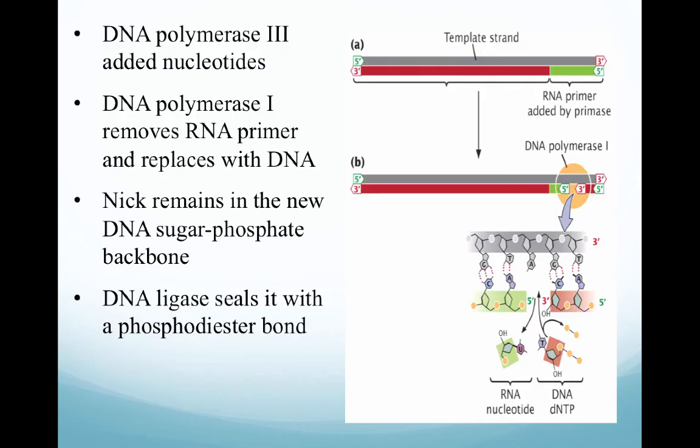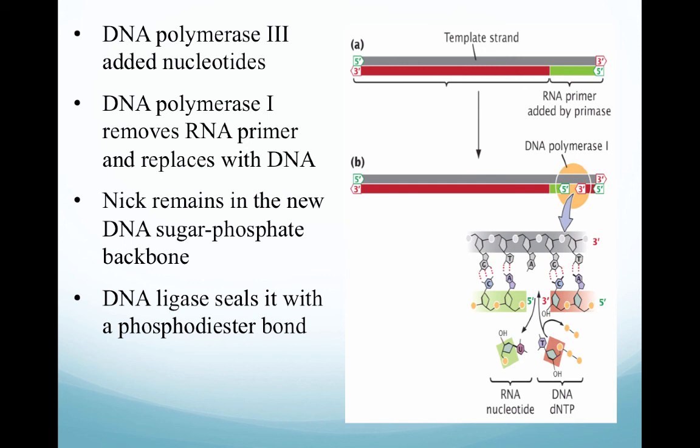So I want to talk just a little more in depth about this polymerase family. In linear eukaryotic systems, DNA polymerase 3 is actually going to be the enzyme that is going to add nucleotides to the new strand. Whereas DNA polymerase 1 has a different function. It's going to be the enzyme that is going to remove RNA primers and replace them with DNA.